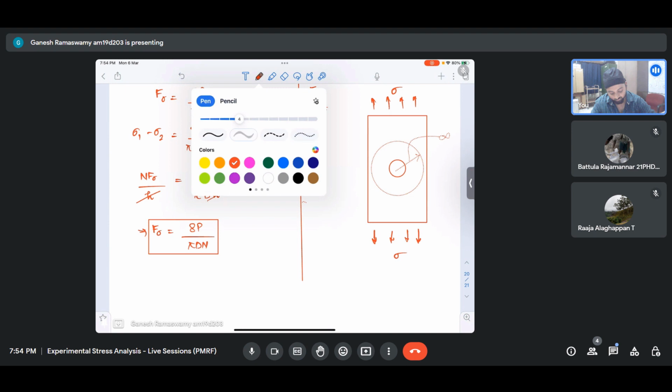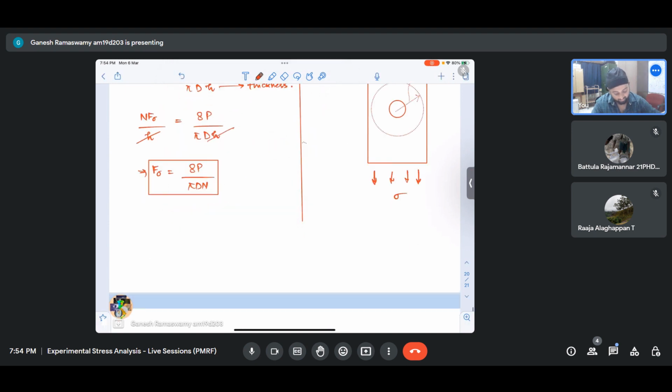By doing this, what we will essentially get is, at this point, let me consider this point. Okay. At that point, if I were to draw the stress element, I am able to see that the inner surface of the hole is a free surface, in which case my sigma r doesn't exist.